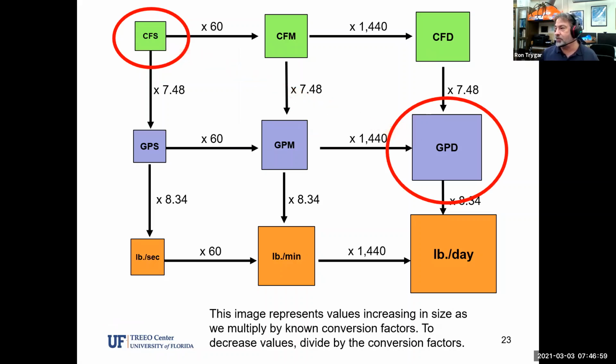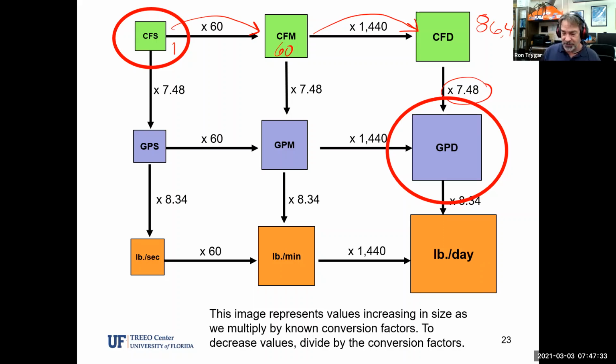Just a second ago, I said this was 86,400 cubic feet per day because we started off with 1 cubic foot per second. We multiplied the 1 times 60 to get 60 cubic feet per minute, and then we multiplied by 1440 to arrive at the 86,400. Now what if I want this in gallons of water per day? So I use my 7.48, that was my factor of gallons of water in 1 cubic foot.